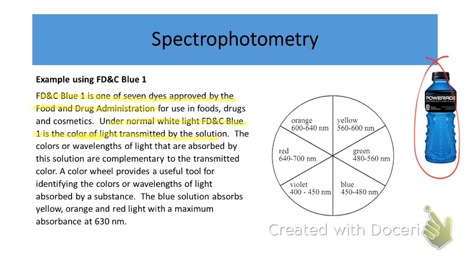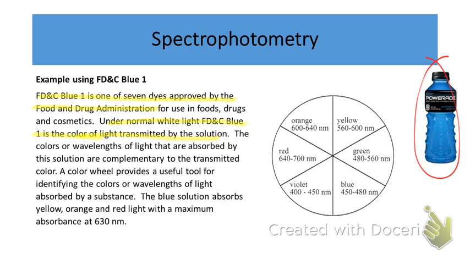But FD&C Blue 1 absorbs certain wavelengths of light that are complementary to it. In order to understand the colors that are absorbed by this Blue 1, we have to look at a color wheel.